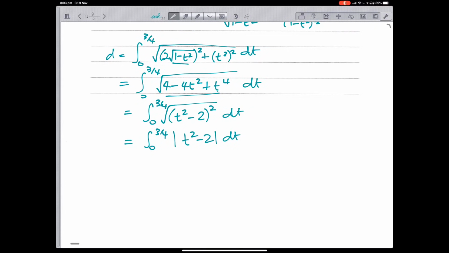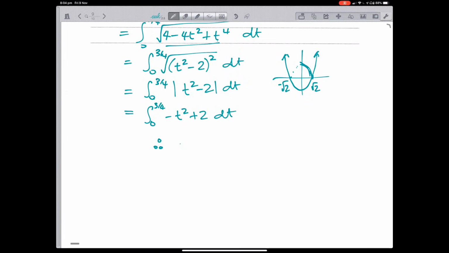Now if I've got t squared minus 2, it's that. It's a pretty bad graph. So that's going to be root 2, negative root 2, so it's going to bounce. But we want it between 0 and 3 on 4, so we want this section up here, which is the negative of that. So it's going to be 0 to 3 on 4, negative t squared plus 2, dt.